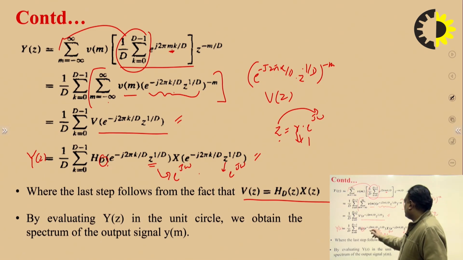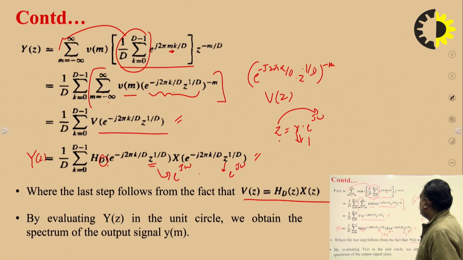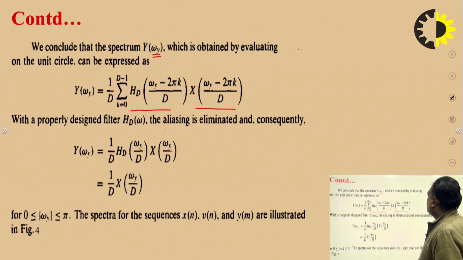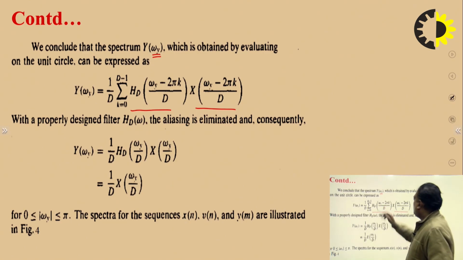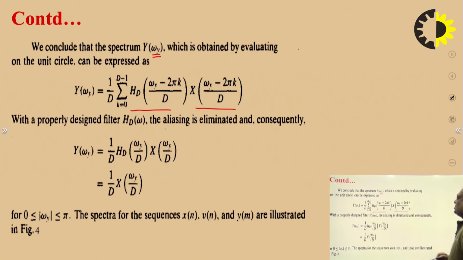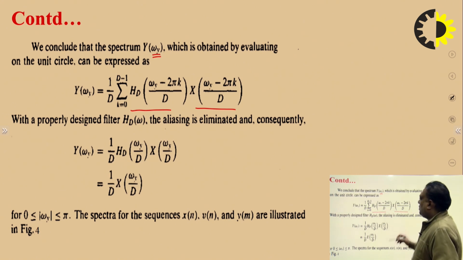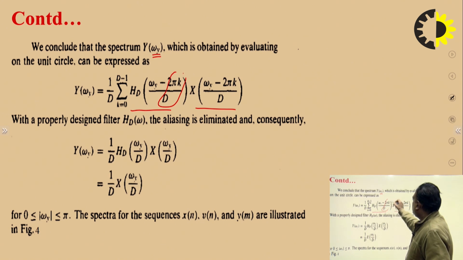Actually this is simply the notation, that's why we are not writing it in terms of e to the power minus. Otherwise it should be written like e to the power minus, but here we are representing it in terms of notation. That's why H_D of omega y minus 2 pi k by D into X of omega y minus 2 pi k by D. This shows how aliasing occurs due to these k values.